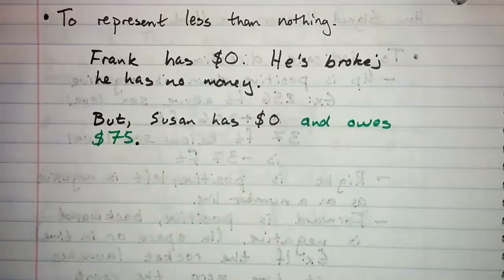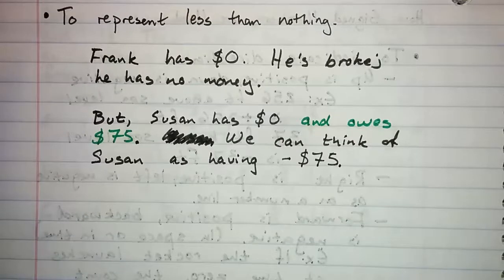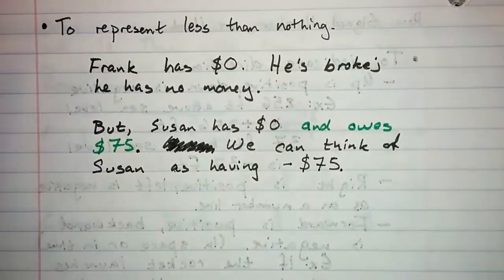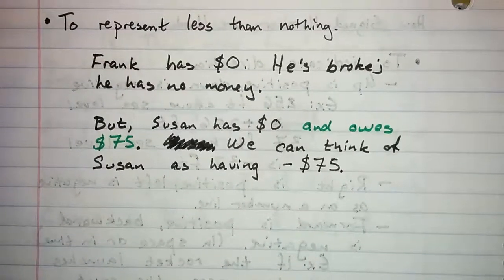Clearly, Susan has less money than Frank does, even though Frank doesn't have any money. We can think of Susan as having -$75. Right? She has less money than someone who's only $40 in debt. She has less money than Frank, who has no dollars.